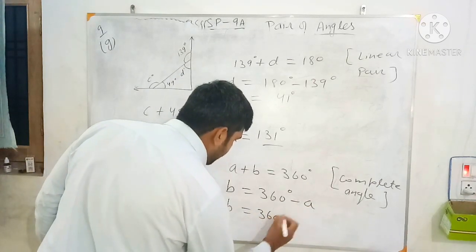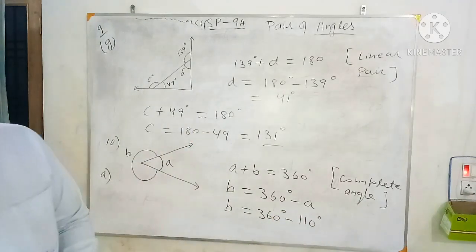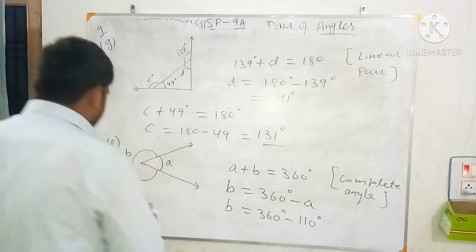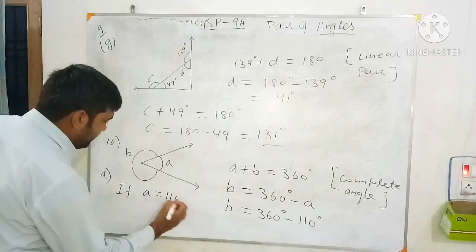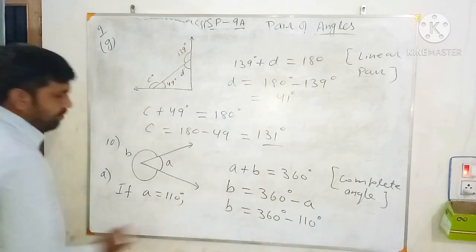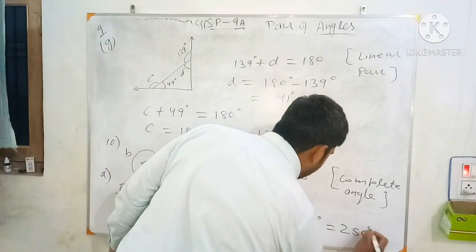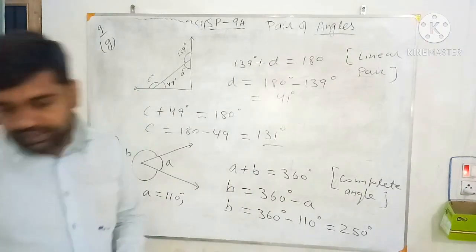Now 360 degree minus 110 degree, because in this question it is mentioned if A equals to 110 degree, then find B. So B is equals to 250 degree. When you subtract 110 from 360, you will get 250 degree.